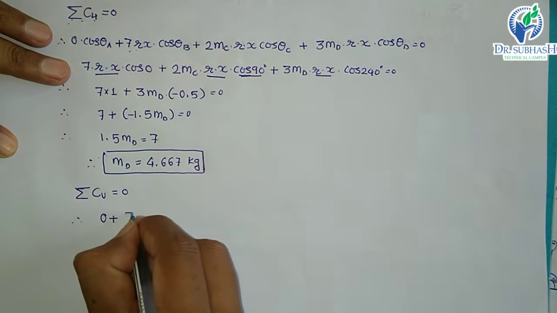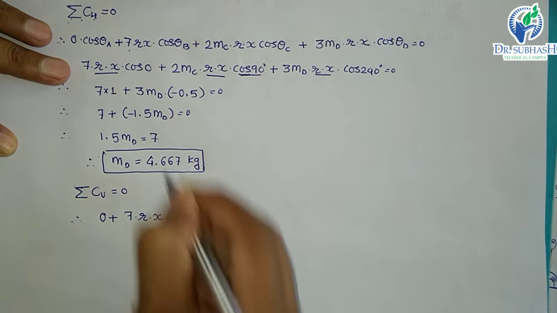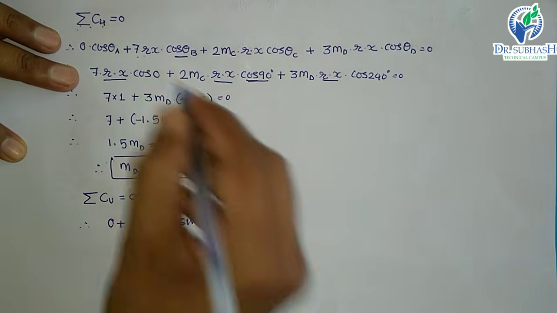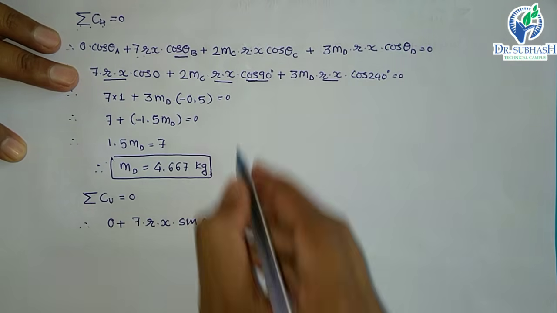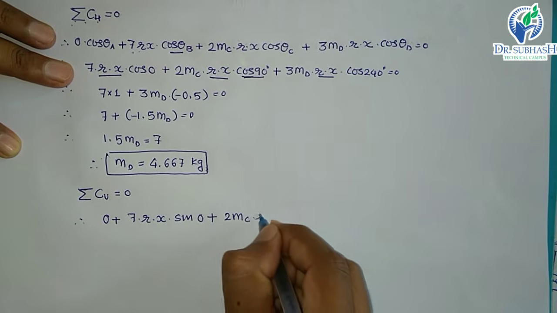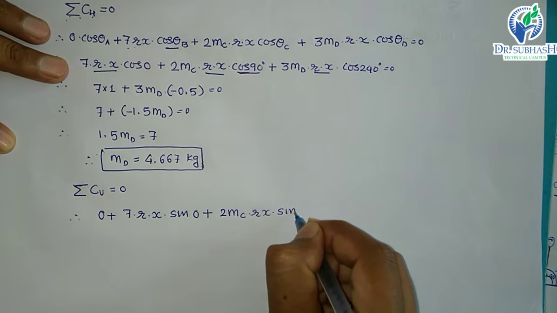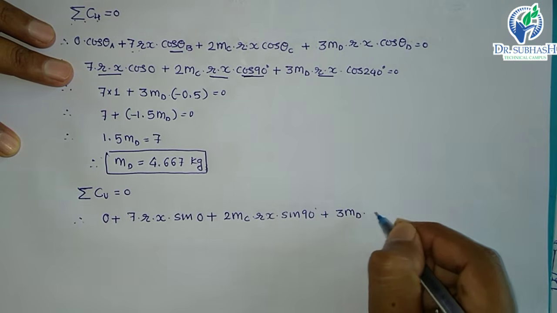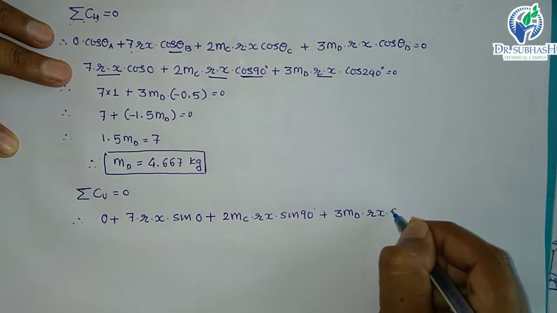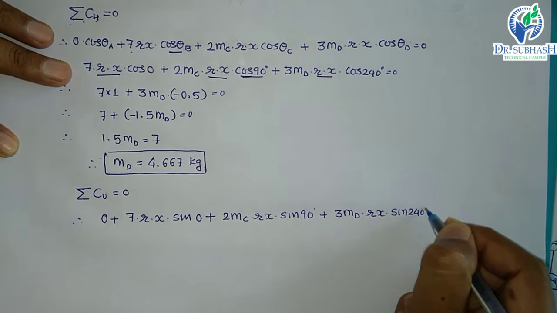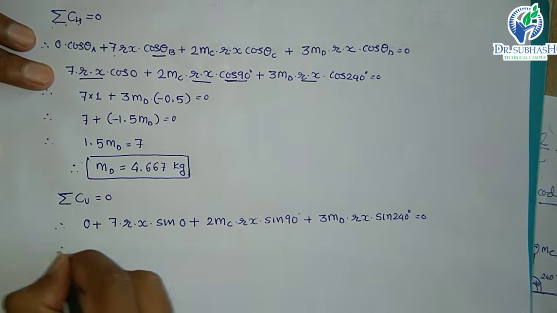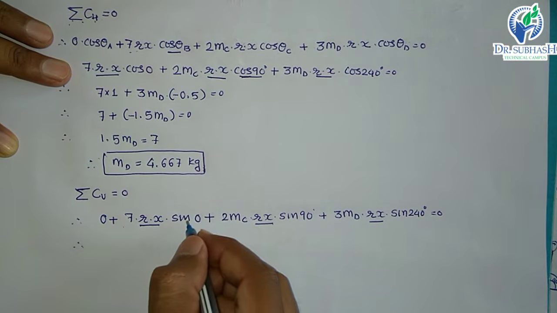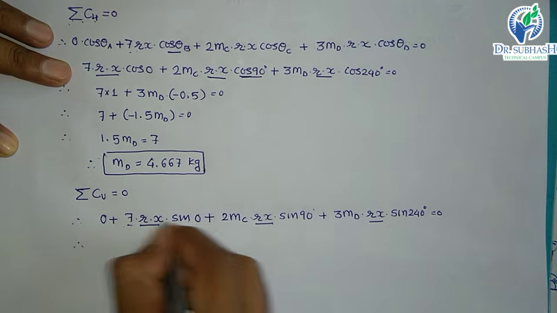The second value is 7 R into X. Here we write sin 0, because cos theta B is 0, plus 2 MC Rx sin 90 plus 3 MD Rx sin 240 degree is equal to 0. So again Rx is common, so 7 into sin 0 is 0, so that's why this term also will become 0.